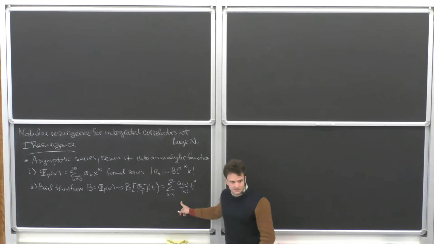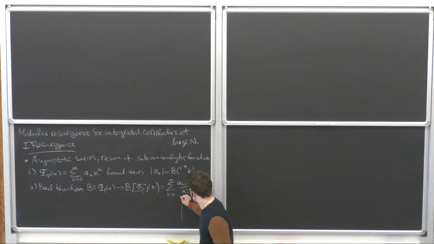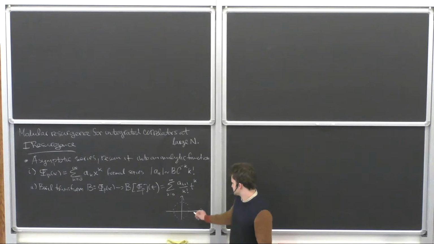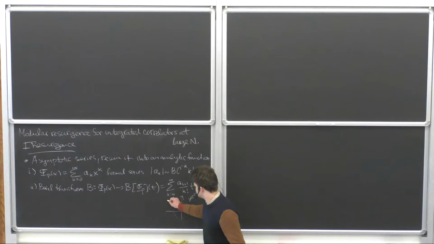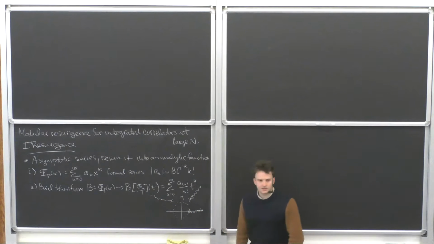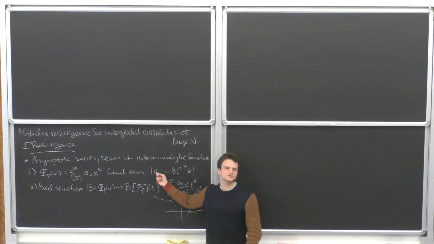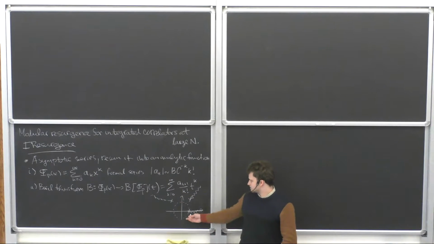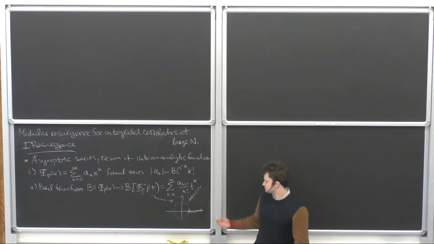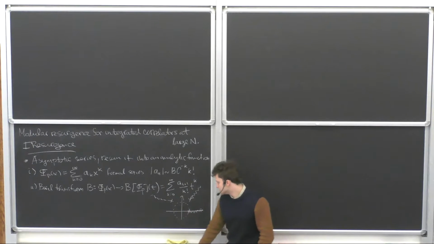This will now have some finite radius of convergence, and we can draw it like this. But of course, the point is that there will also be singularities inside this plane. These singularities encode the analytic structure, the information these coefficients were originally containing, and they give us a nice function that we can work with.